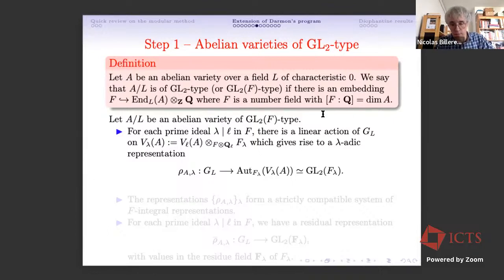There is a Galois action on this vector space, and therefore you get a two-dimensional representation from G_L into GL2(F_lambda).